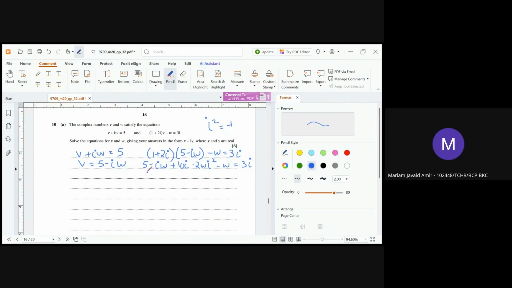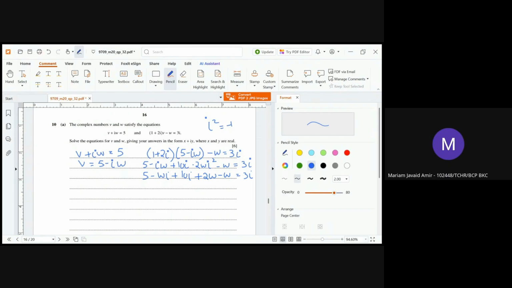So we have 5 minus w iota plus 10 iota, then we'll have plus 2w minus w is equal to 3 iota.